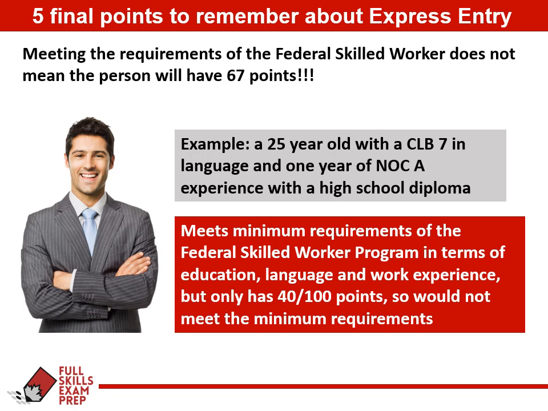So this person here only has 40 points, so he does not actually meet the minimum requirements of the Federal Skilled Worker Program. So with this, of course, he would not move into that pool of candidates and would not receive a CRS score.